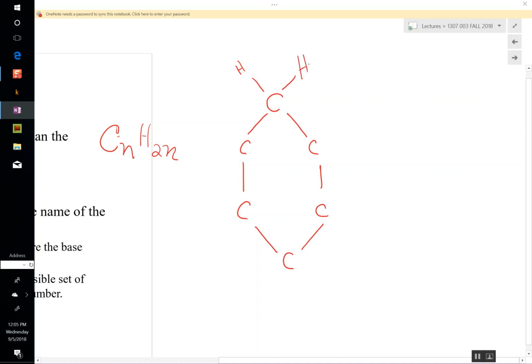Draw the hydrogens all outside the ring. That's cyclohexane. Structural formula. It's a little sloppy. If I was sitting down, it'd be prettier. All right? So yours should be prettier.